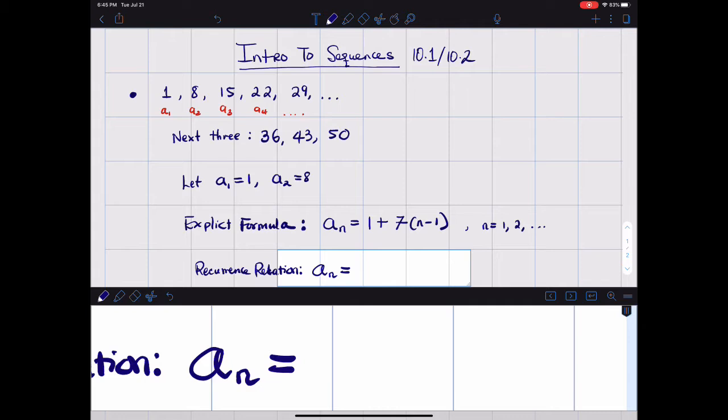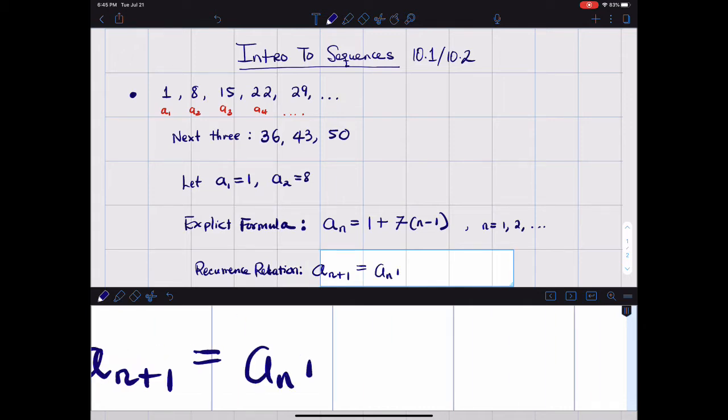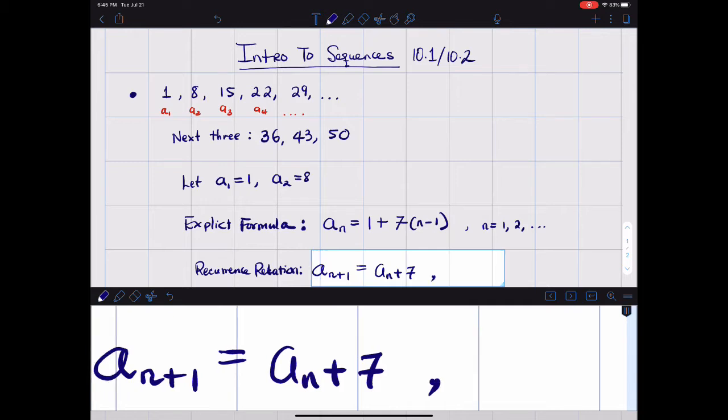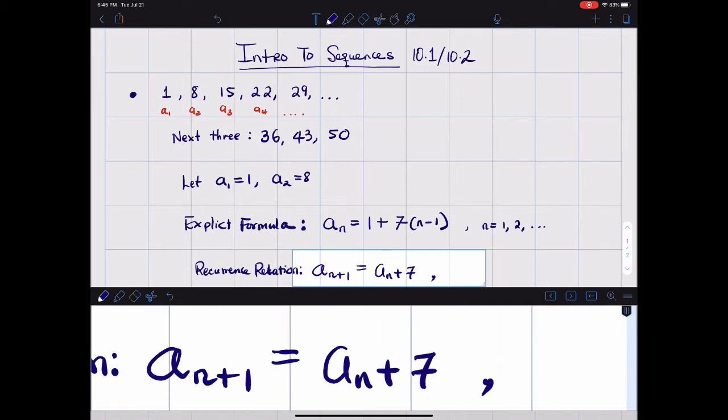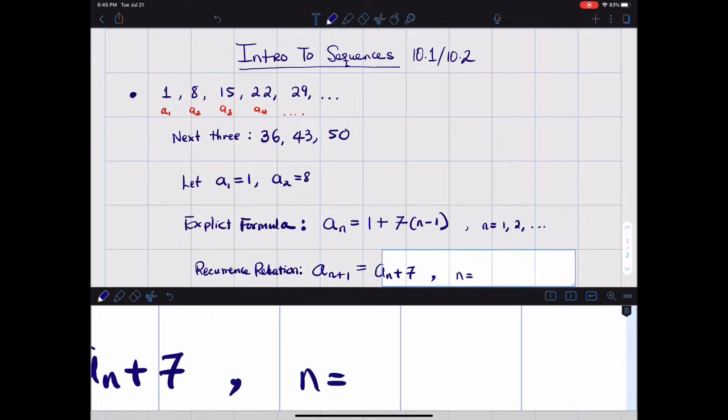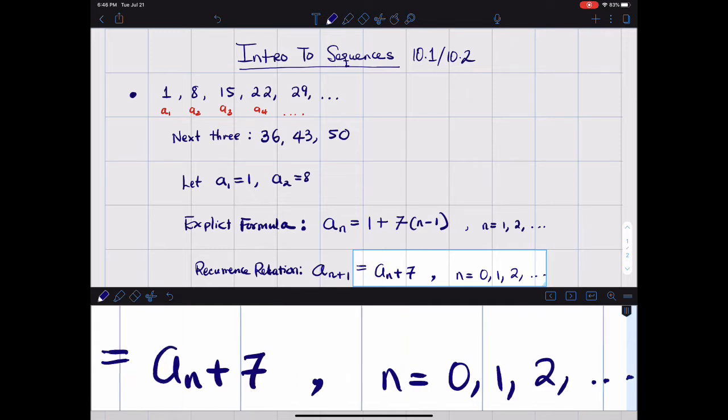So I'm going to say An plus 1 is An plus 7. Okay. Because A2 is A1 plus 7, A3 is A2 plus 7, etc. And n this time will go from 0, and so forth, so that A0 will be 1 in this case.